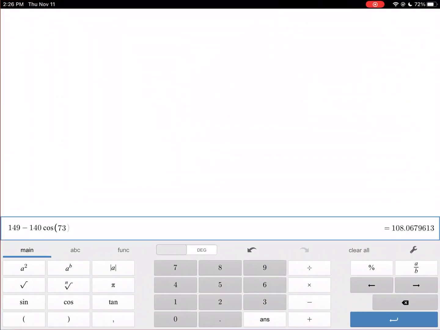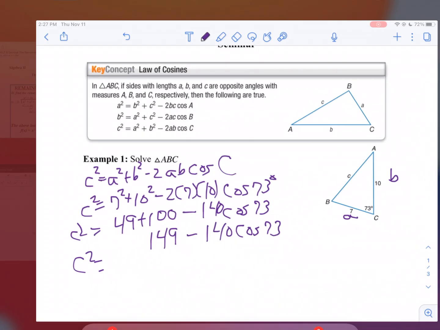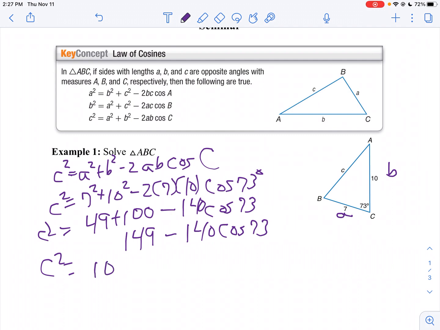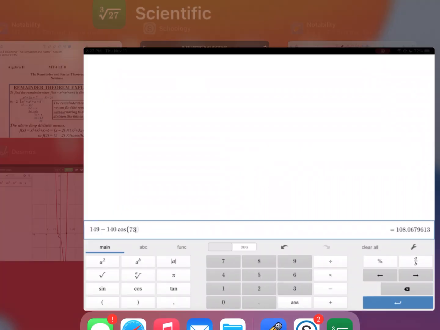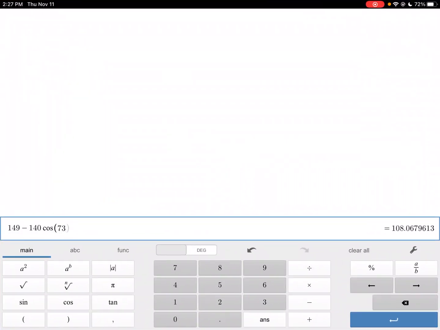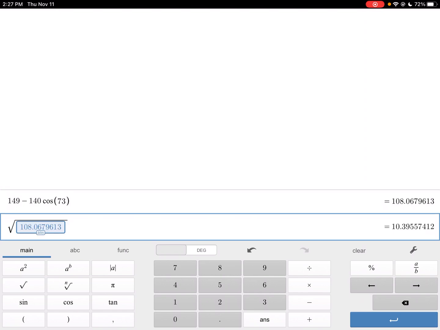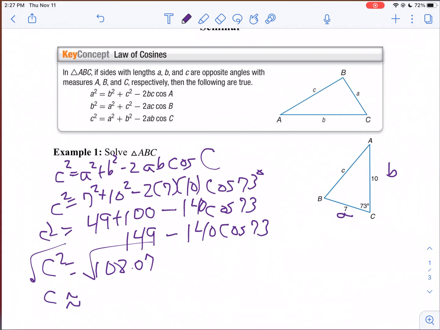So c squared turns out to be 108.07. Then, to find C, we're going to take the square root of both sides. If I take the square root of my answer, I get about 10.4 for side C.